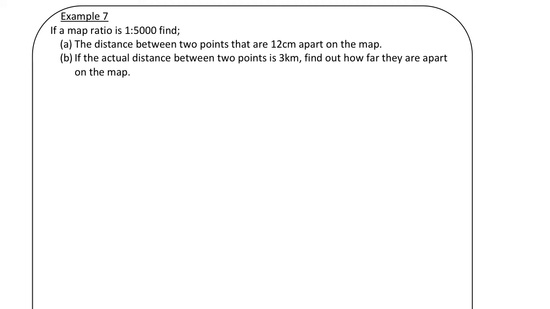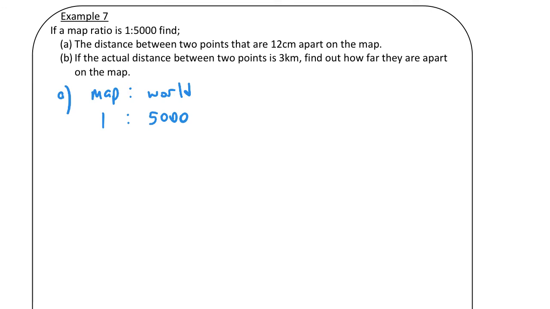Example 7, if a map ratio is 1 to 5,000, find the distance between 2 points that are 12 centimetres apart on a map. So we'll start off the way we have been. So we've got map to world, and it's 1 to 5,000.